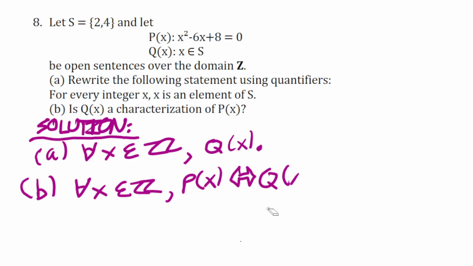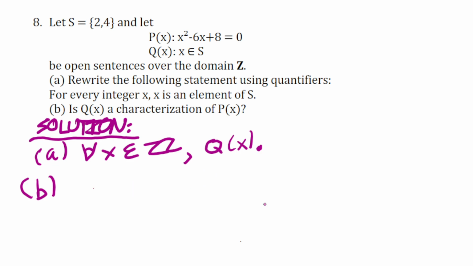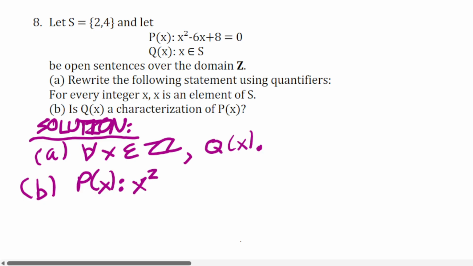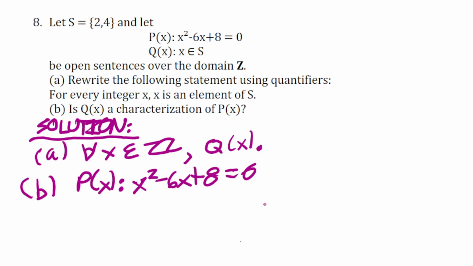So let's take a look at P of x. We have this quadratic equation, and you can either use the quadratic formula, or if you're able to notice, you can FOIL it out.